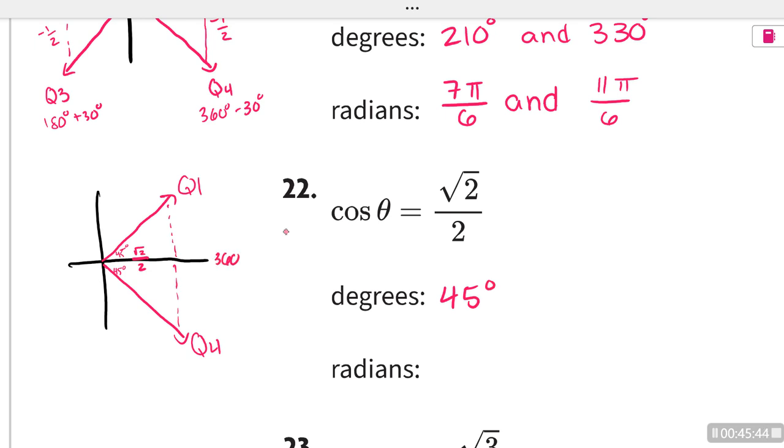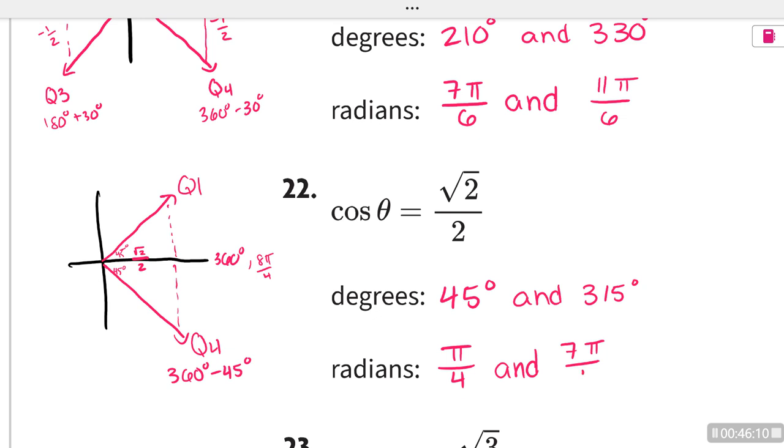Remember this is 360 total, so we get 360 minus 45 for the other quadrant, which is 315 degrees. Good. So equivalent to 45, that's pi over 4 in radians. And remember, a whole circle is 8 pi over 4. And we're pi over 4 less than that, so 7 pi over 4.